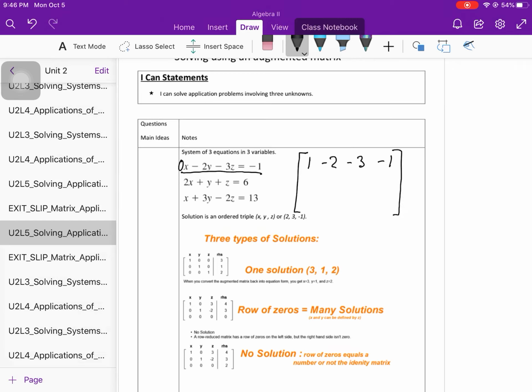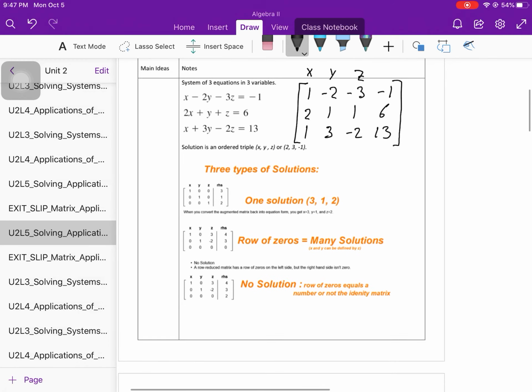Now remember, I just get those from what's in front of the variables, and then the last one is the constant number. And remember, if it doesn't have a coefficient or a number in front, we assume that it's 1. Okay, so then the next row would be 2, 1, 1, 6, and the last row would be 1, 3, -2, 13. And it always has to go X, Y, Z in that order, okay?